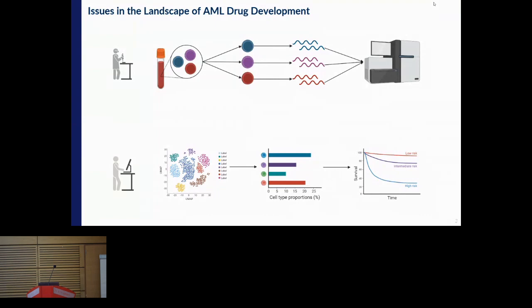And in requiring both this wet lab scientist and a computational scientist, it breeds a discrepancy in the landscape of drug development in AML, where we have a lot of wet lab scientists performing time and resource intensive experiments that are often not informed by predictive analysis from the computational people, and vice versa, where we have a lot of good predictions made by bioinformatics researchers that sometimes remain unvalidated without the functional buy-in from those wet lab scientists.